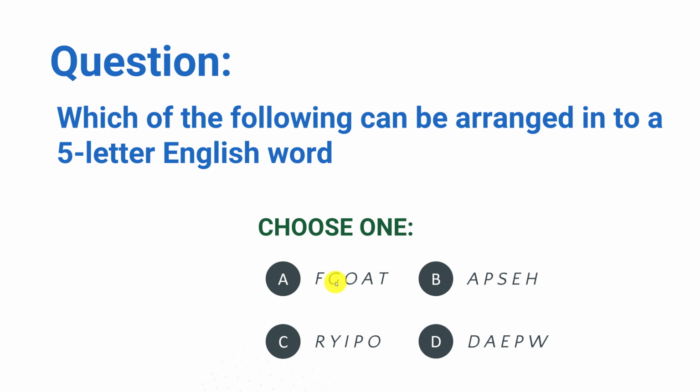A couple of suggestions here. You see choice A has inside of these letters the English word goat. So typically it's the wrong choice because you wouldn't be able to easily rearrange this word into something else. Typically, and again it's only typically, you would want to start with a letter somewhere in the middle. And the right choice here is choice B, and it's the word shape.